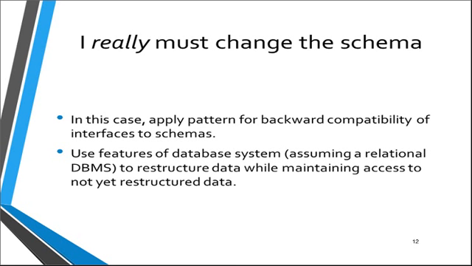Some relational database management systems restructure the data while maintaining access. In the background, they copy the data from the old schema to the new schema, and depending on how you access it, you'll either go through an immediate translation or you will find data that's already been translated.